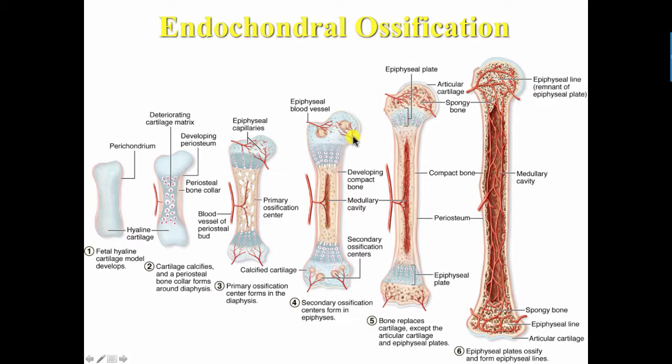In the later stages of embryonic development, a similar process to what we've just seen takes place in the epiphyses at each end of the bone, although not necessarily simultaneously, forming what comes to be a secondary ossification center.